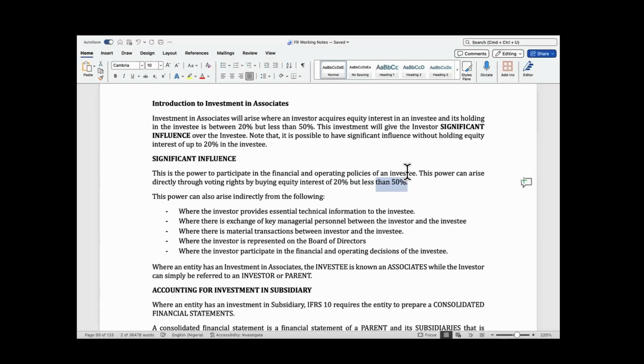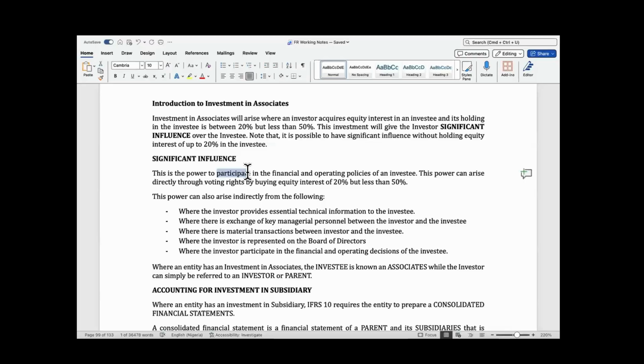So significant influence is the power to participate. You cannot affect their variable returns. You cannot decide what they do with their money, but you can participate in the financial and operating policies. That's a key difference between control and significant influence.